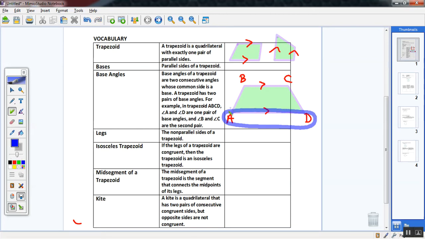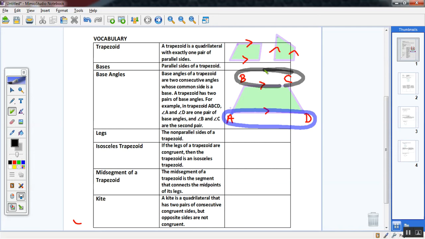Aren't they the angles at the same parallel side? And then what's another pair of base angles up there? B and C. B and C would be base angles together. So if I say B is a base angle, then what's the other base angle relative to B? C. They have to be on the same side of the parallel.